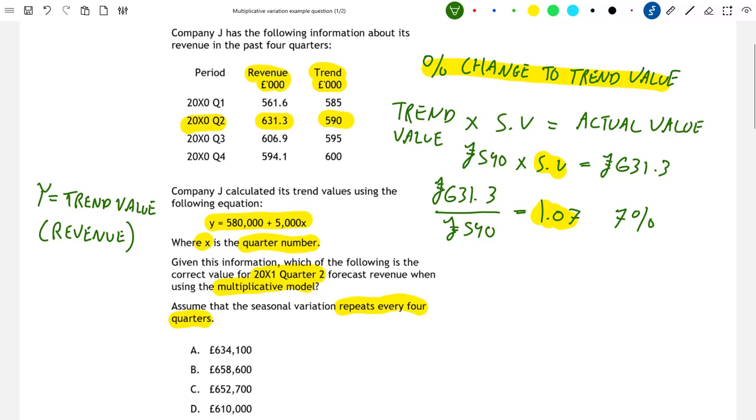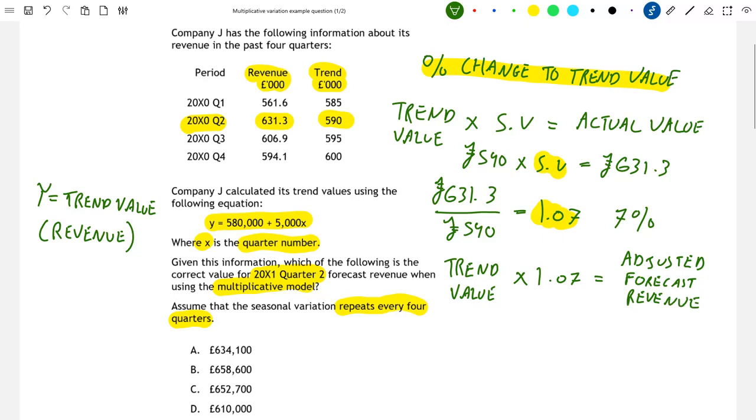So again, as the seasonal variation repeats every 4 quarters, in 20x1 quarter 2, the seasonal variation will also be 7%. So to make our forecast for this period, we just need to find the trend value and then multiply that trend value by our figure of 1.07 to get that 7% increase, and this will give us our adjusted forecast revenue.